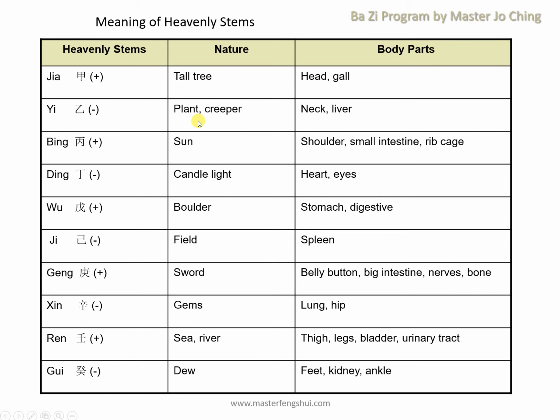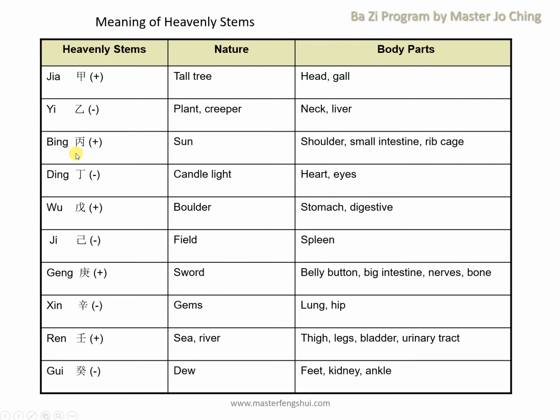Yi wood is a plant or creeper. Because yang is more manly, more masculine, usually the things are bigger, taller, broader, harder. Whereas the yin aspects of the element, like yin wood, are gentler, smaller.